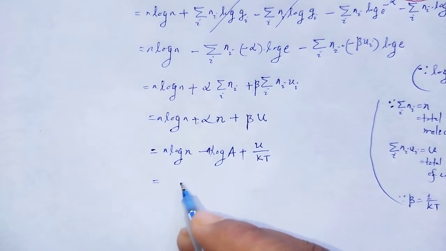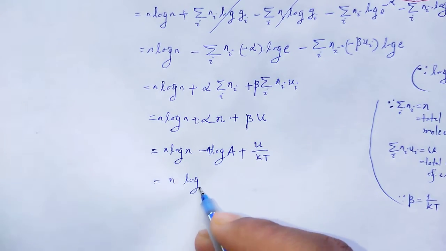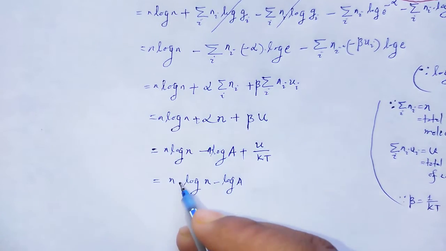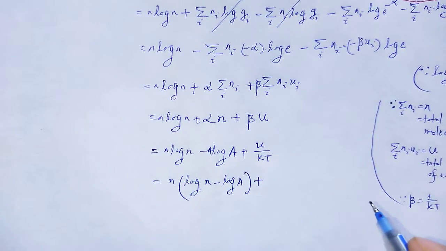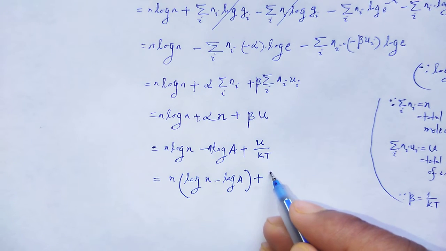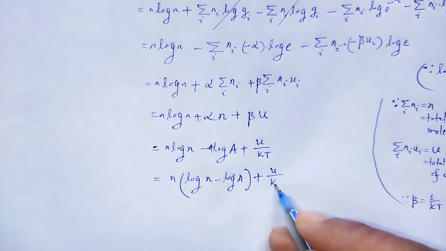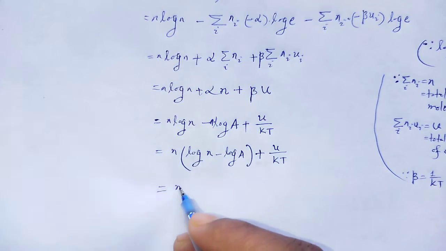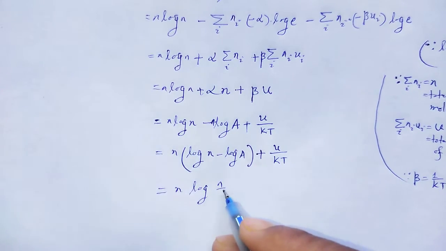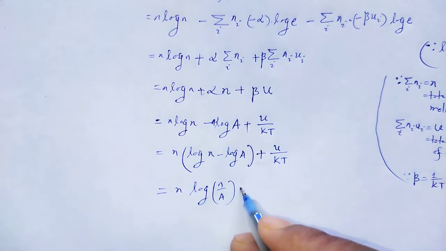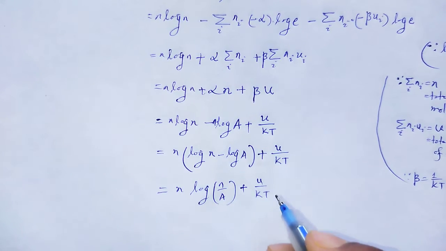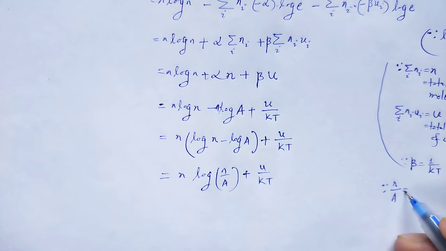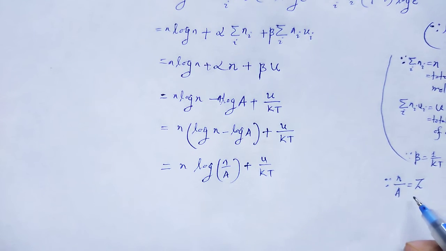From these two terms n is common, that is n times log n minus log a, plus U by kT. Log a minus log b is log a by b, so it is n by A plus U by kT, as the total number of molecules divided by the constant A is equal to Z, which is the partition function.